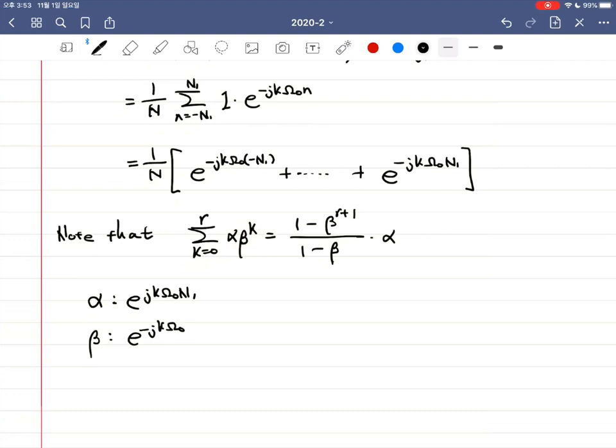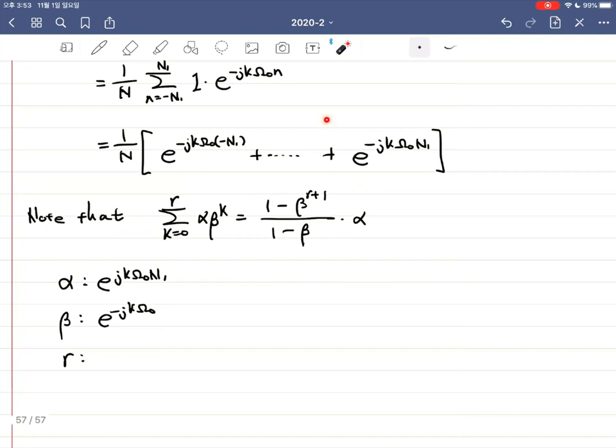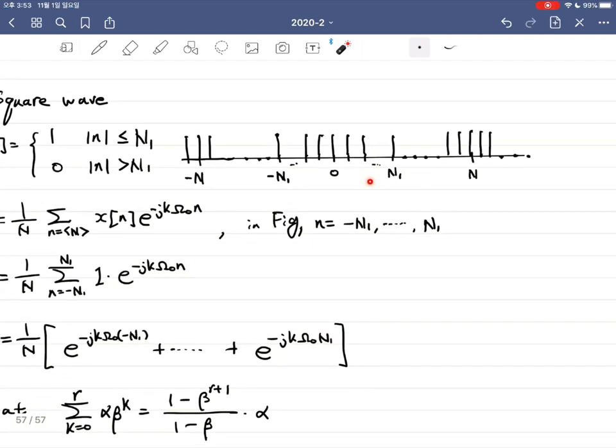Please correct me if I did something wrong, okay, by email. And what is r? r is the number of terms inside the summation, and how many do you have? You have 2 times n1 plus 1, so don't forget the 0.